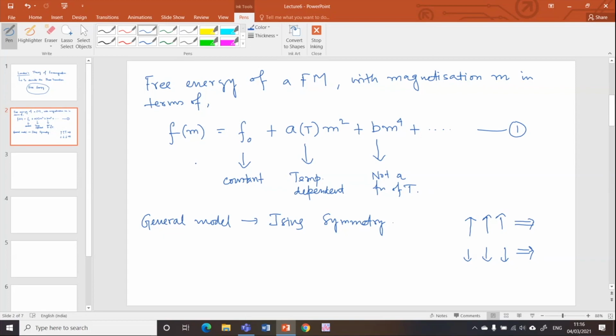So whether it is in up or in down configuration, the free energy should be the same for both. Okay, so if you have any odd term, let's say M or M cube, then that will not basically hold true. Okay, is it clear?